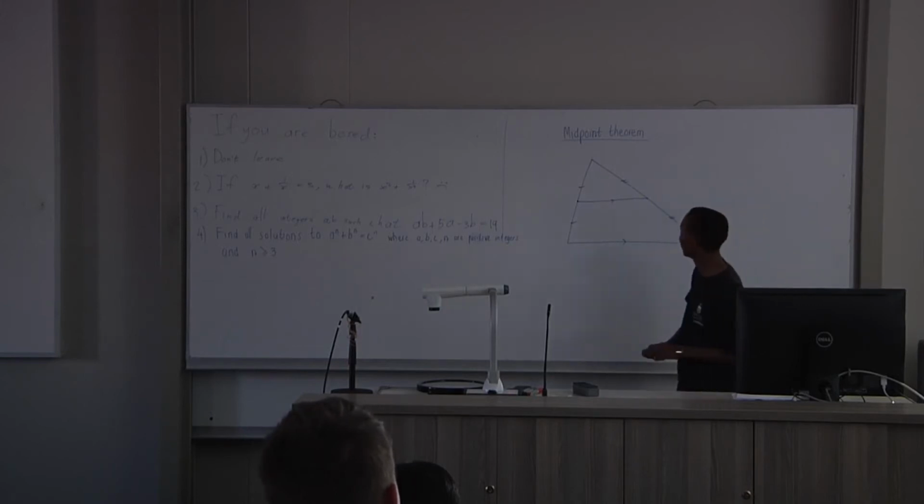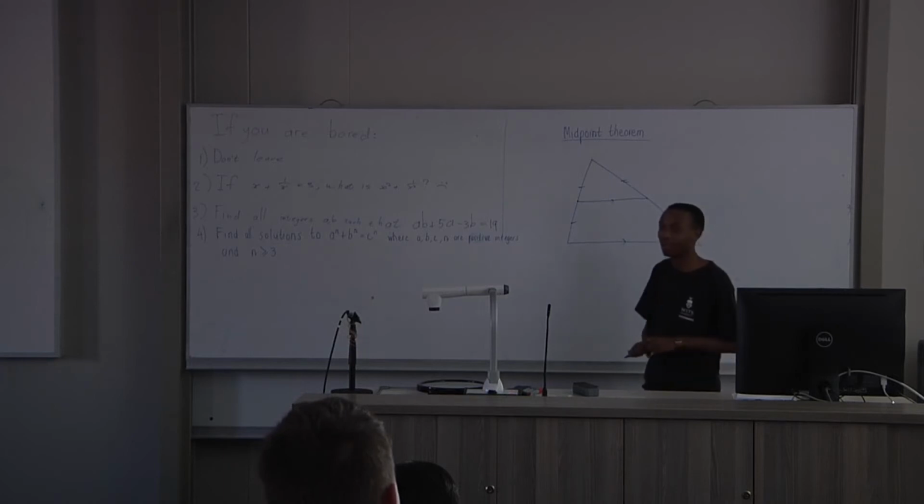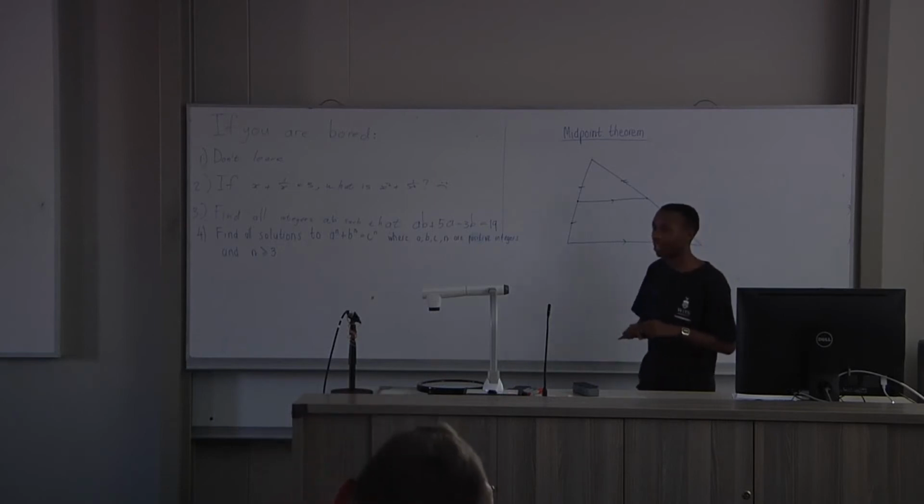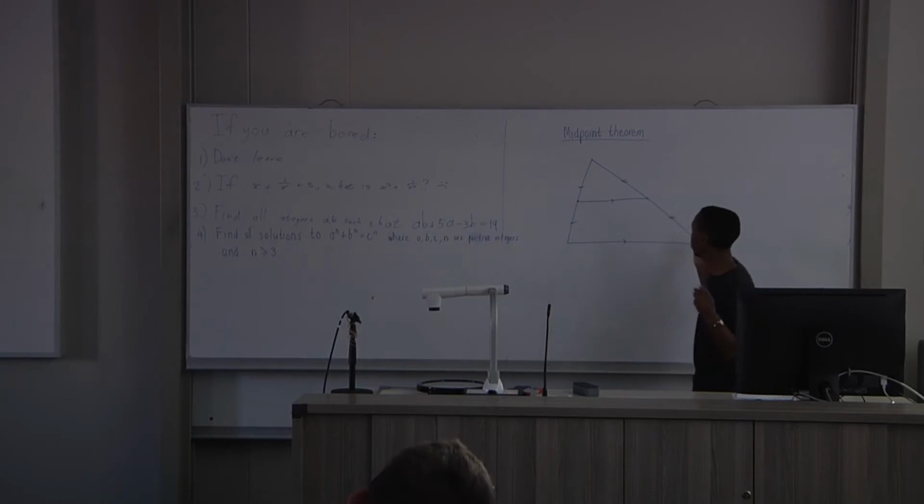As much as we'd like to say, okay, midpoint theorem, yes, that's true, we also have to prove that. We can't just accept things blindly. We have to know why this is actually true.